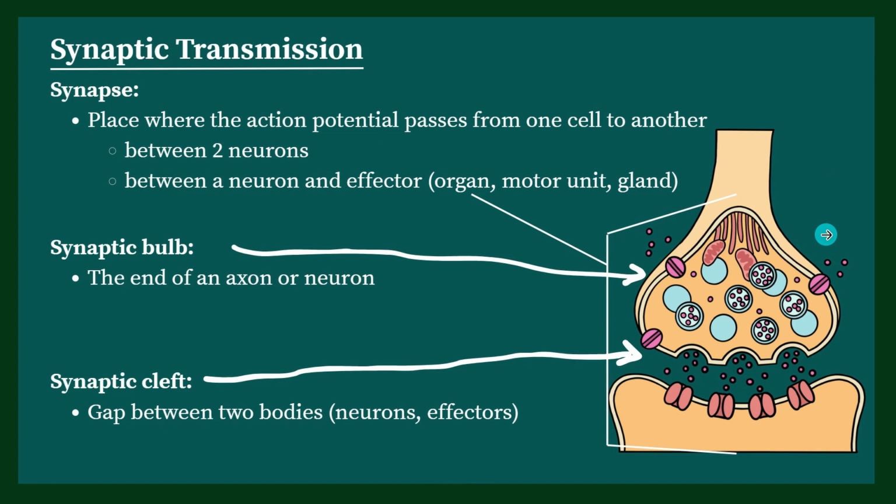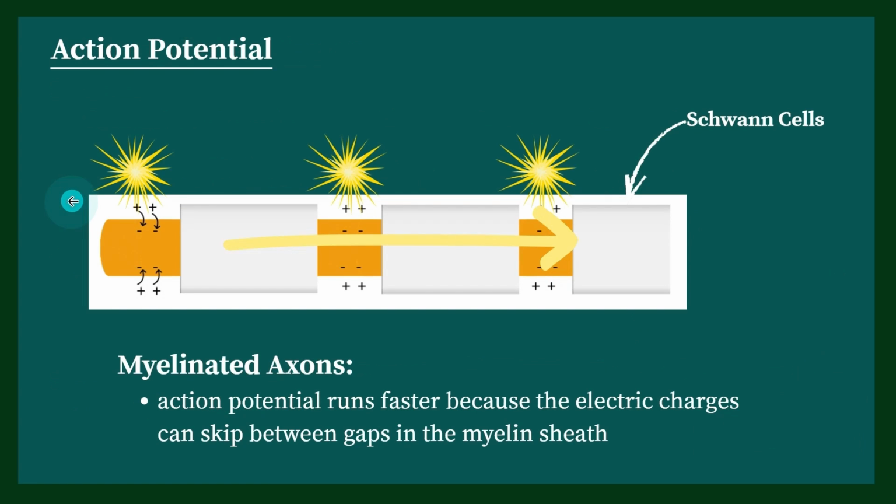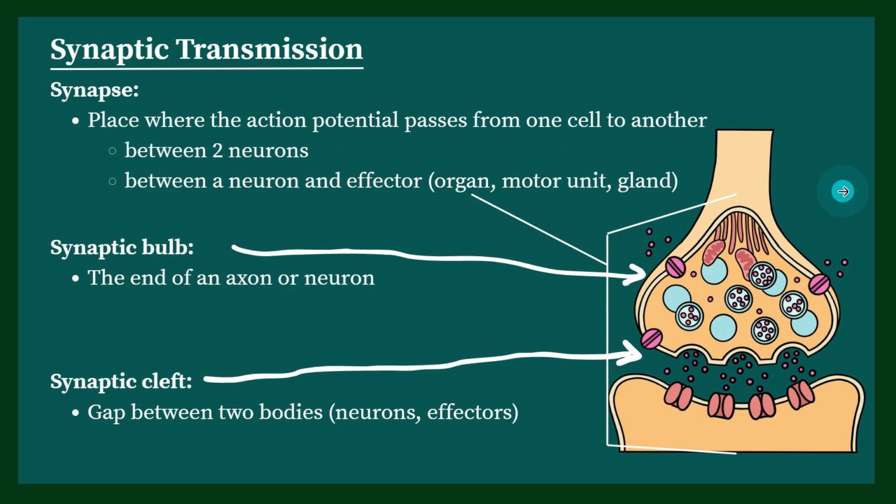Okay, so moving on, that's how action happens going from the cell body down the axon. And then it goes down to the end of the axon where the synapse is.